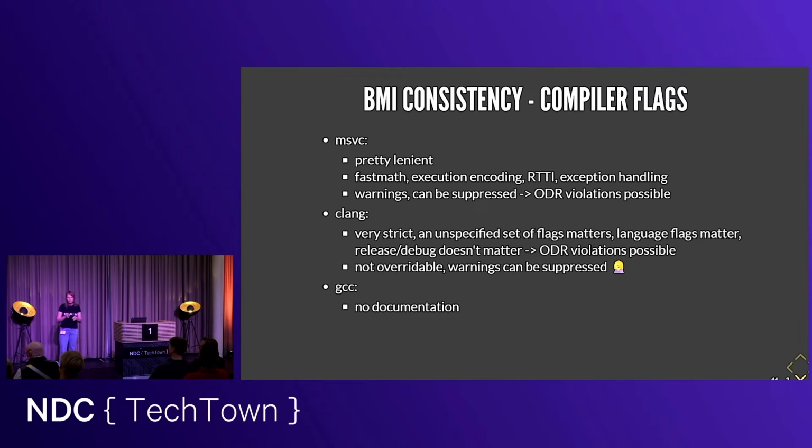Unfortunately, this list of compiler flags is not documented. It still gives a warning. If they don't match up, you can shut up this warning, but Clang wouldn't accept it anyway. And GCC, I don't know, there's absolutely no documentation about BMI consistency. Let's see what the future will bring.